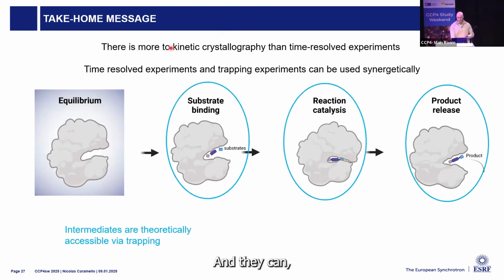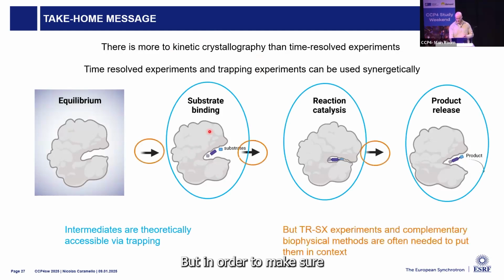And they can, if you're lucky, access some of the reaction intermediates. But in order to make sure that those are physiological reaction intermediates and to place them in the context of the reaction, you will need complementary biophysical methods such as spectroscopy and genuine time-resolved experiments.